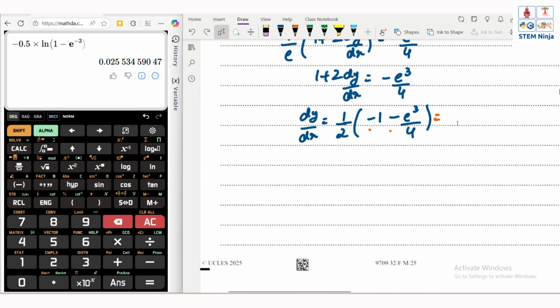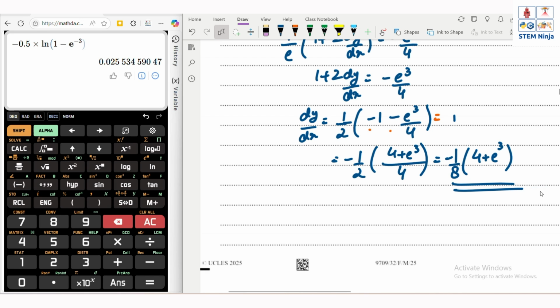So this would be minus 1 over 2, 4 plus e cubed. 2 and 4 multiplied, we get minus 1 over 8, 4 plus e cubed. That's your final answer.